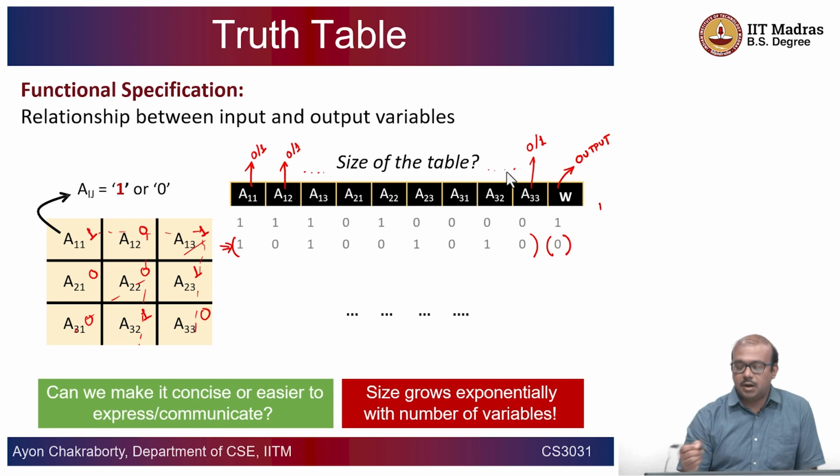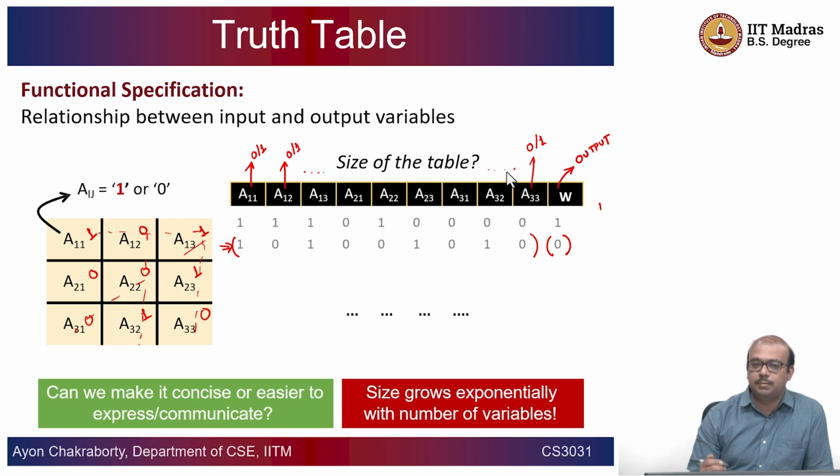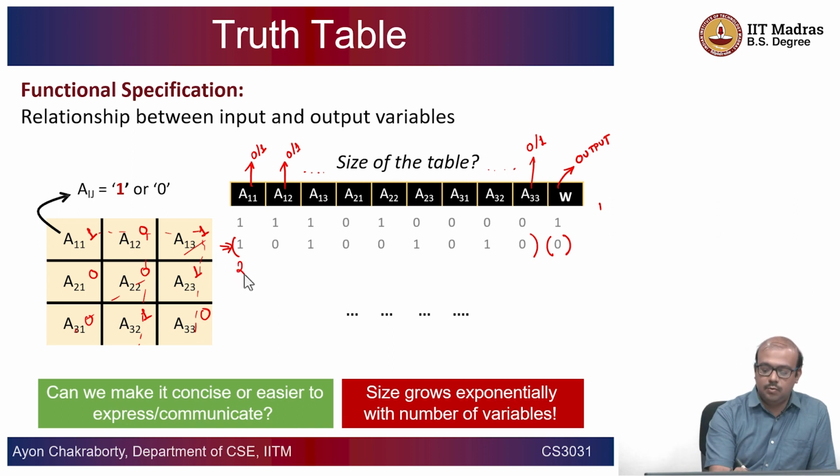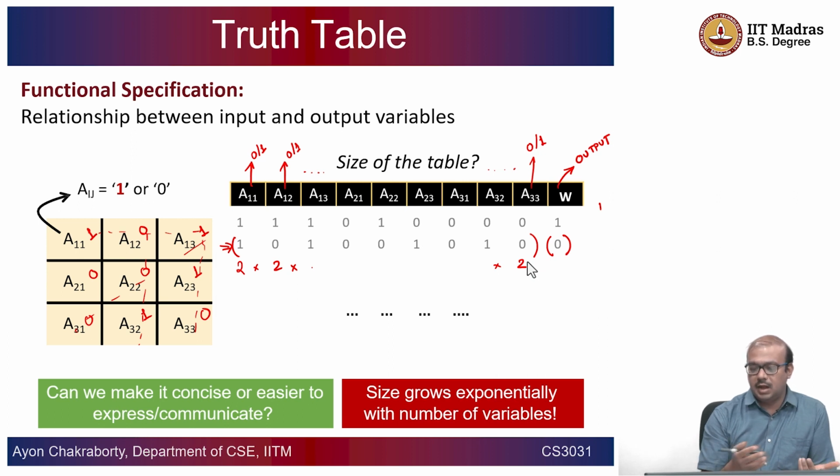So the number of unique inputs that can be there in this table is 2 multiplied by 2 multiplied by 2 dot dot dot multiplied by 2, because each one could be 0 or 1. For every unique combination of the rest of the inputs, you can have two of them, one with a11 as 0 and one with a11 as 1.